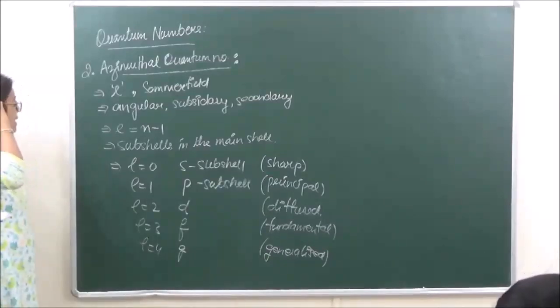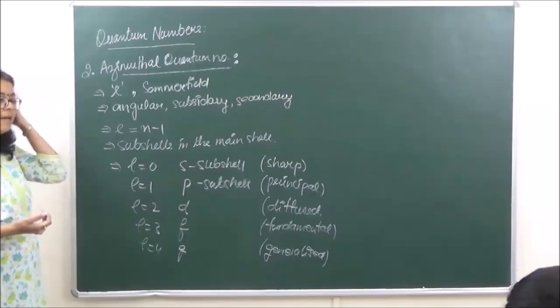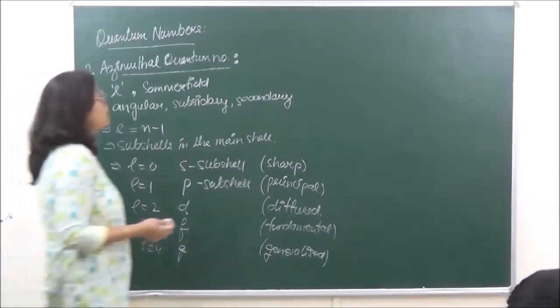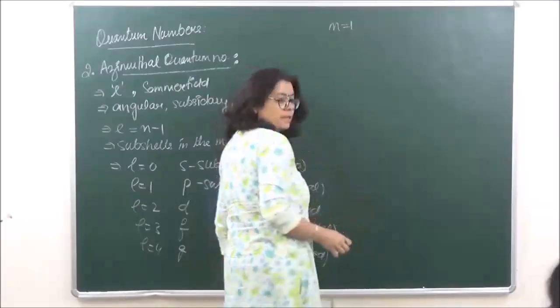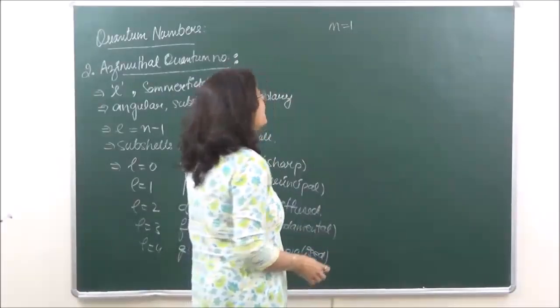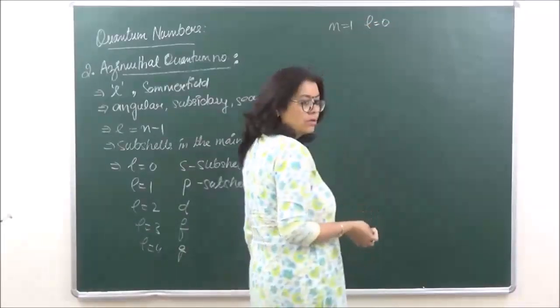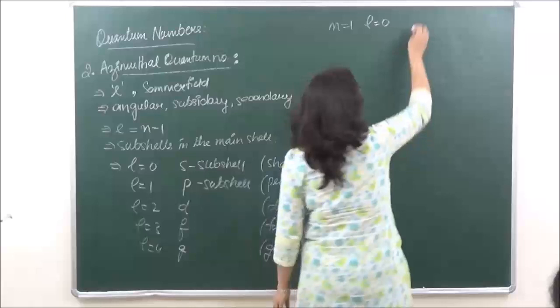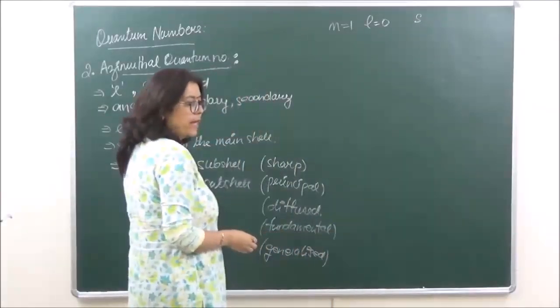Okay, now let's illustrate the relationship between the value of L and n over here. We say that the value of n is equal to 1, right? In that case, the value of L will be equal to 0 and the subshell present will only be S. Okay?